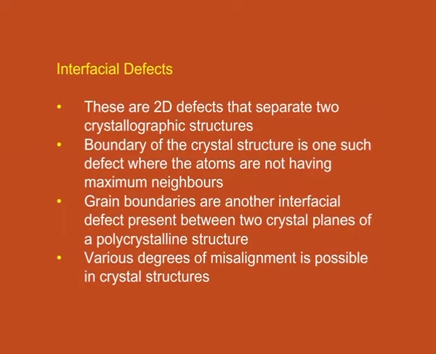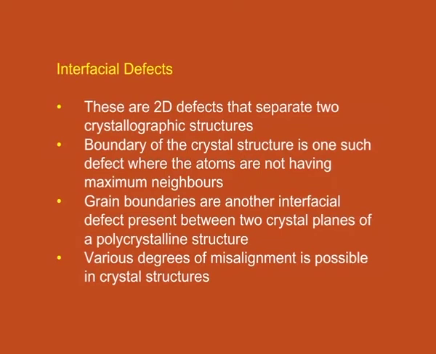Another such defect is the grain boundaries that we most often observe in three dimensional solids. So, these grain boundaries are basically interfacial defects present between two crystal planes of a polycrystalline structure, because as we discussed in the case of polycrystalline materials, there are different types of orientation for the atoms in the solid that leads to the formation of a polycrystalline solid.